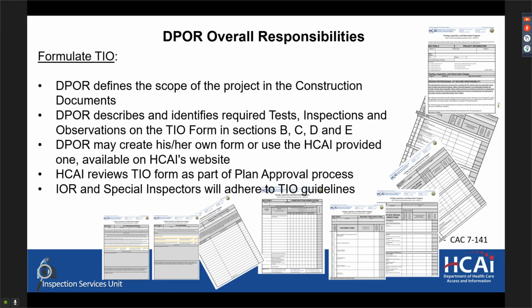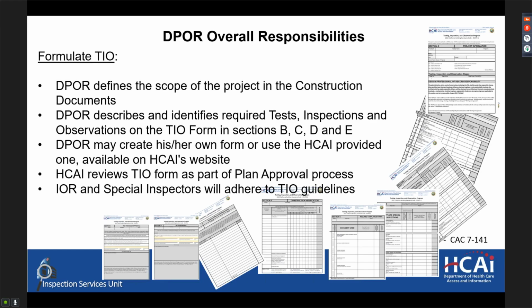So in regards to formulation of the TIO, the design professional of record defines the scope of the project with construction documents, starting with initial client meetings and medical planning and schematic design and design development.